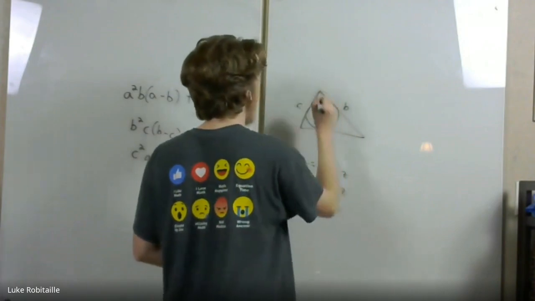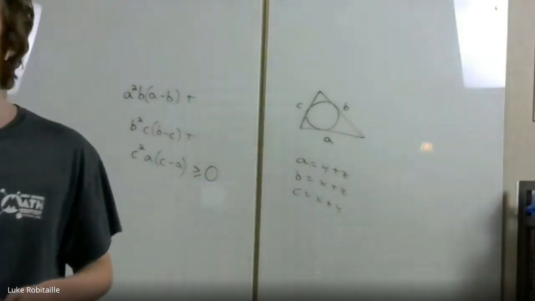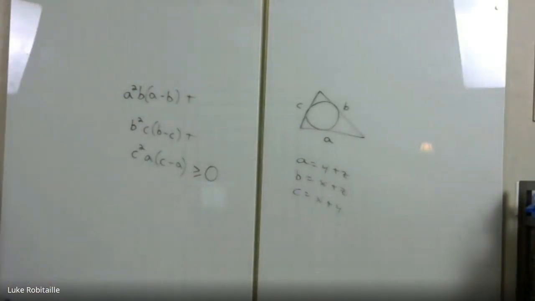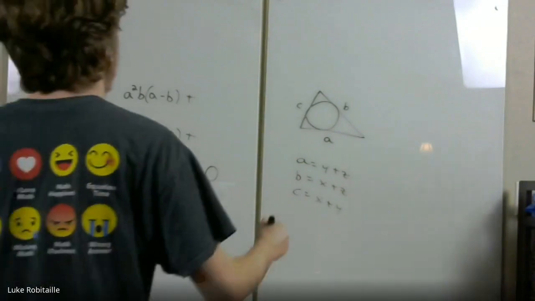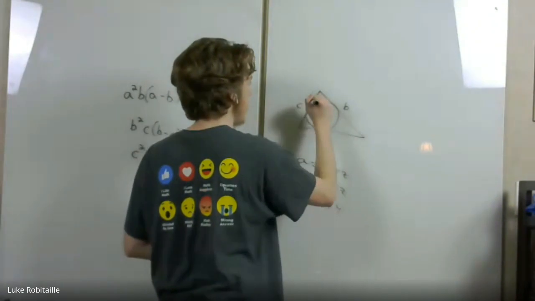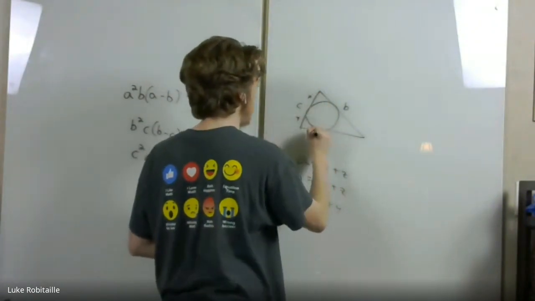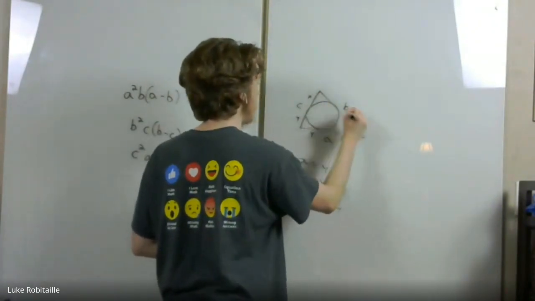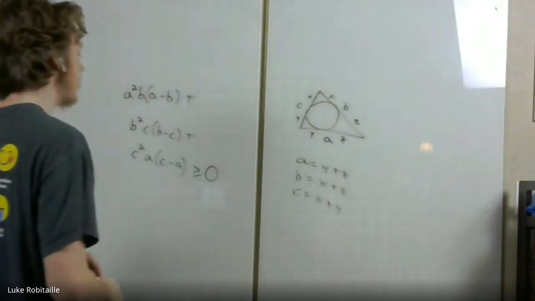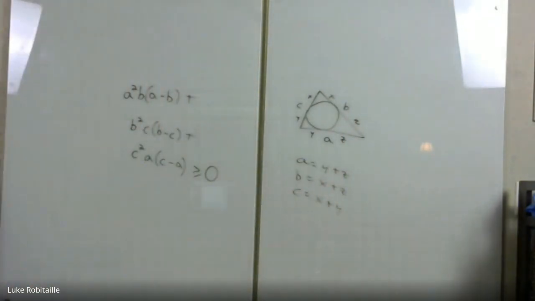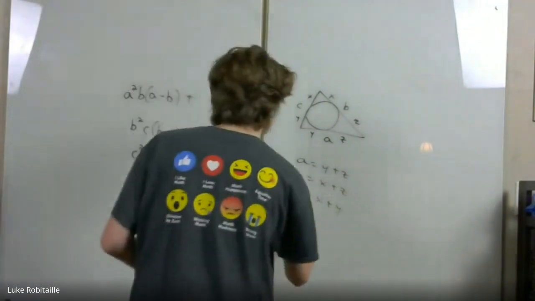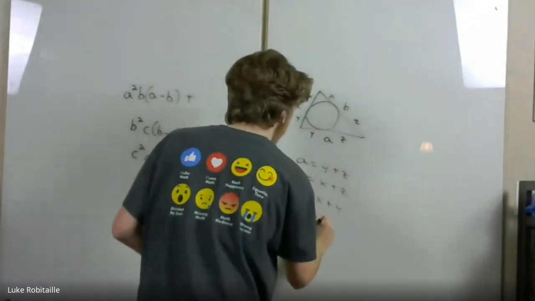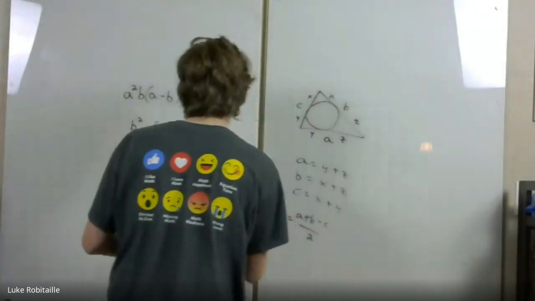Basically, this encodes the condition that they're the lengths of the sides of a triangle. It encodes why a plus b is greater than c, b plus c is greater than a, and so on. You can think of this as the lengths of the tangents to the incircle. So x, y, and z are strictly positive.